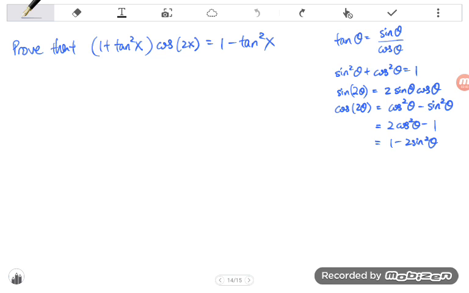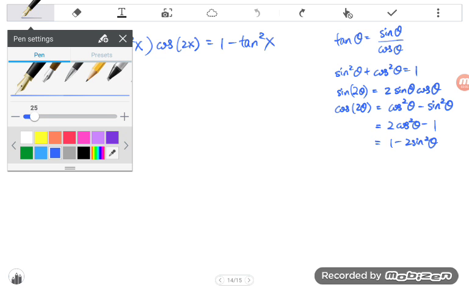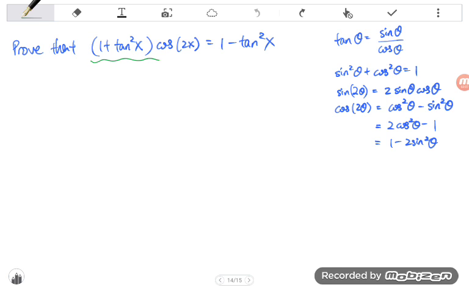And when we are dealing with questions involving proof, we have to choose one side to play around with, okay? And in this case, I'm going to choose the left-hand side. So let's see what we can do here.